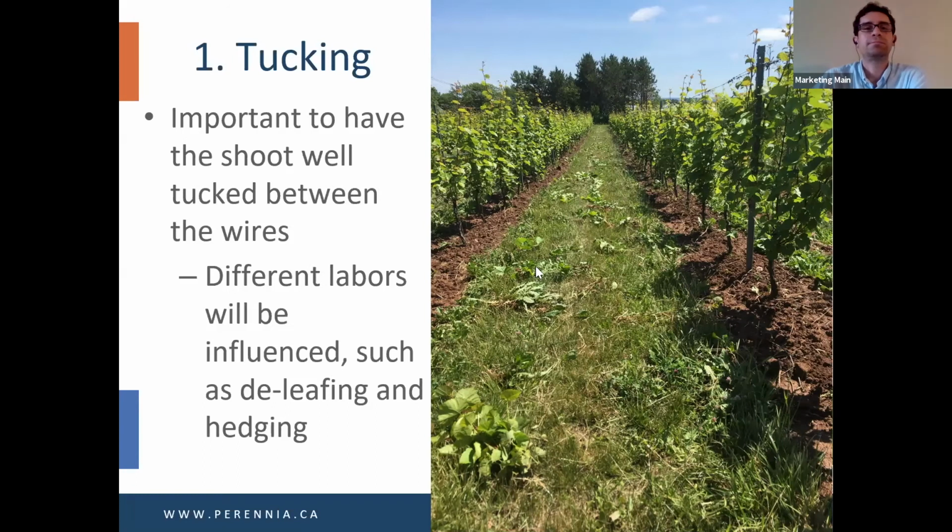They have to be well tacked between the wires, so that when it's time to do other labors, they will not be affected and move all around. For example, doing the leafing or hedging.